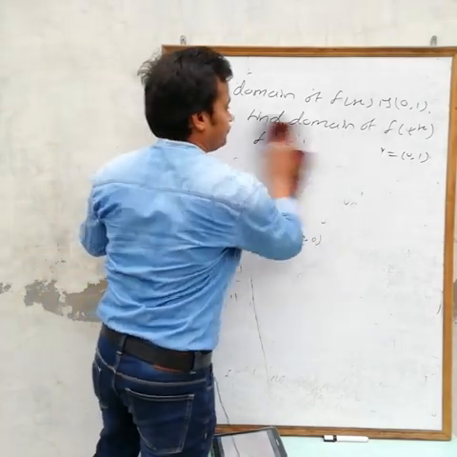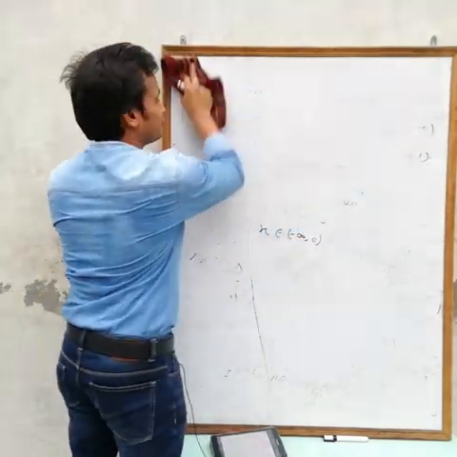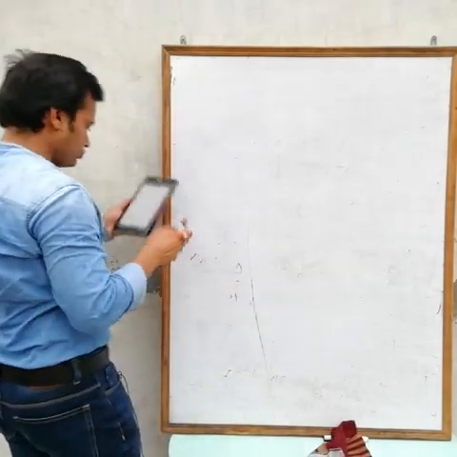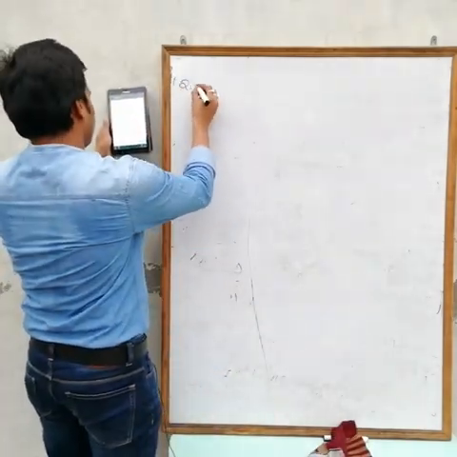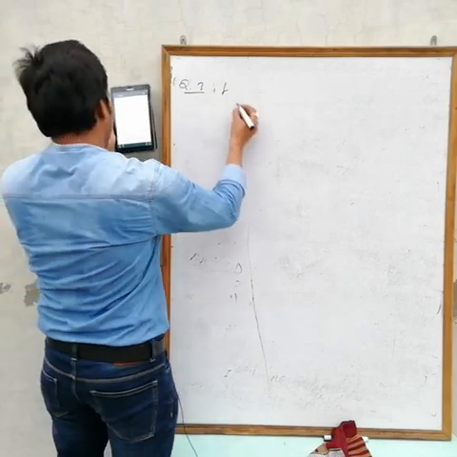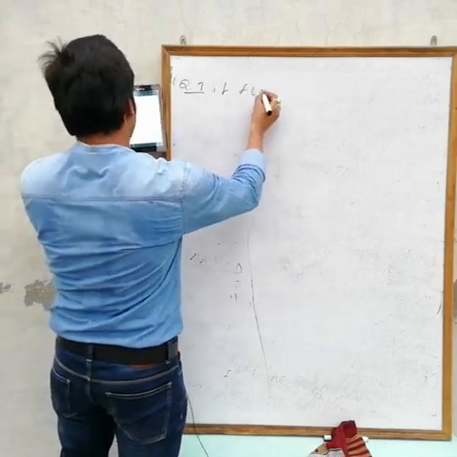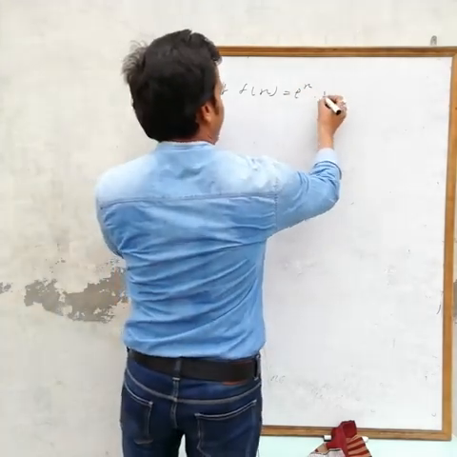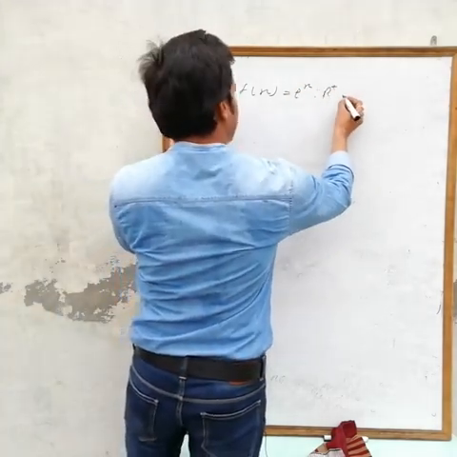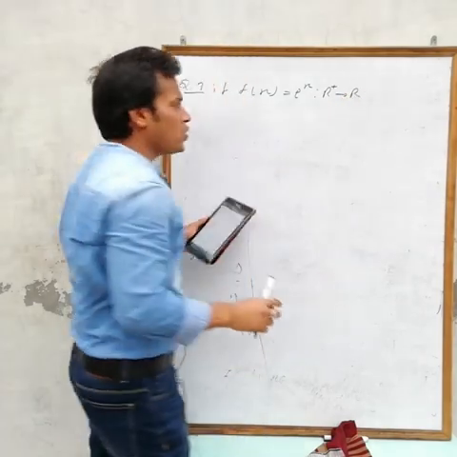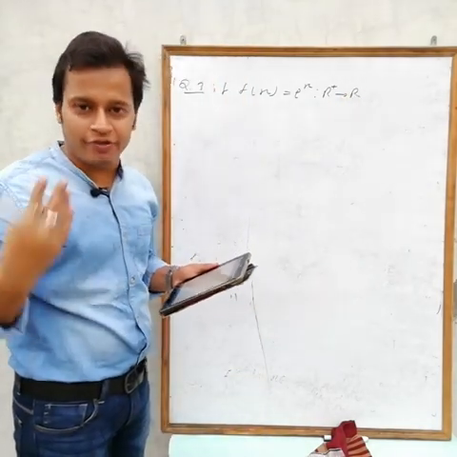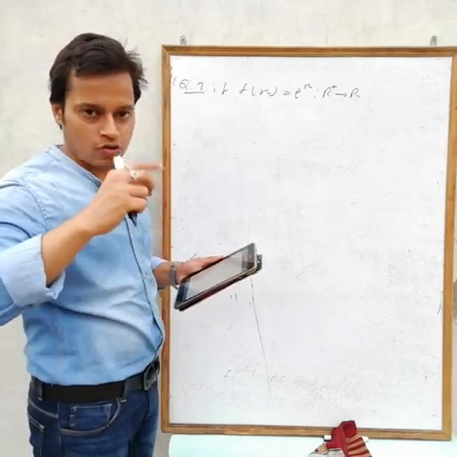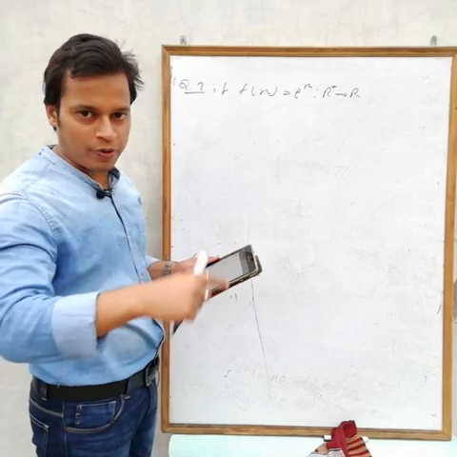Next. Question number 3. If f(x) is equal to e power x and this is defined from R plus to R. R plus means positive real values, you can't include 0, so it is the open interval 0 to infinity, open at 0.